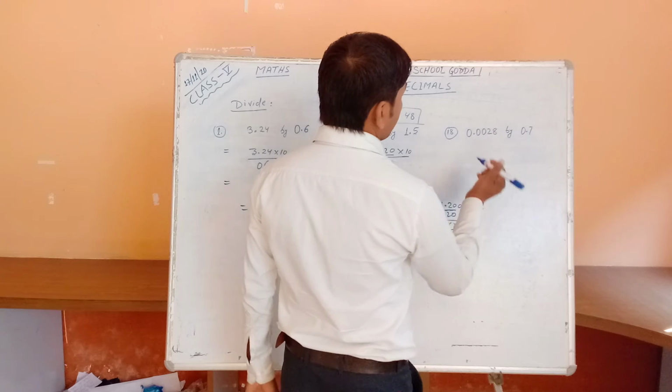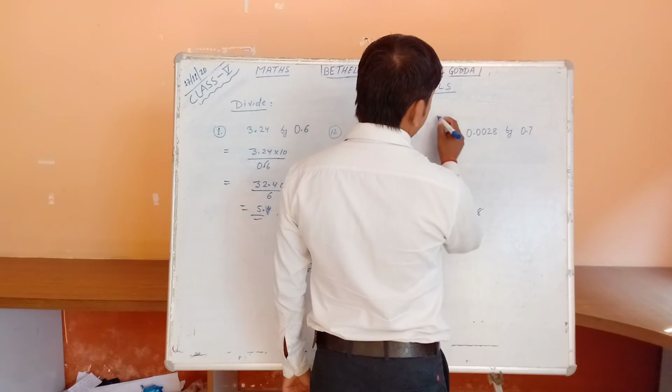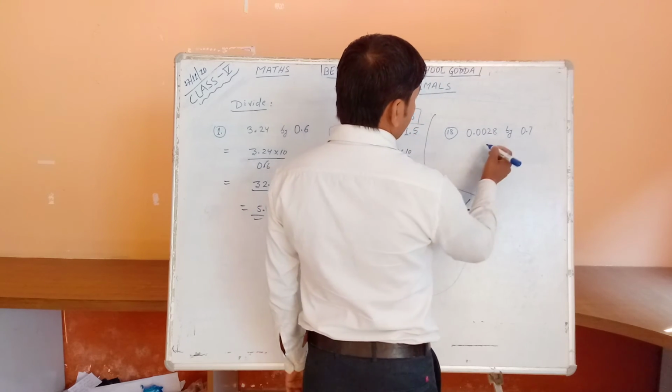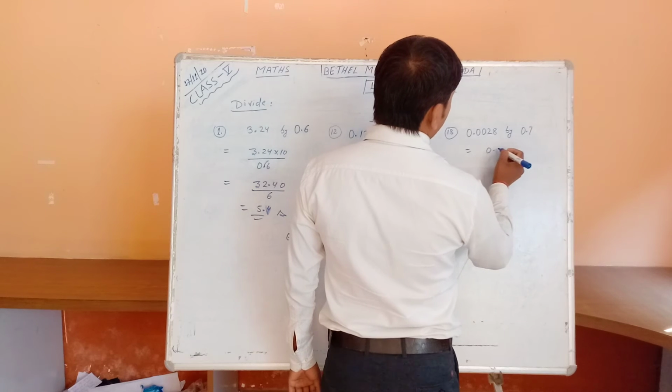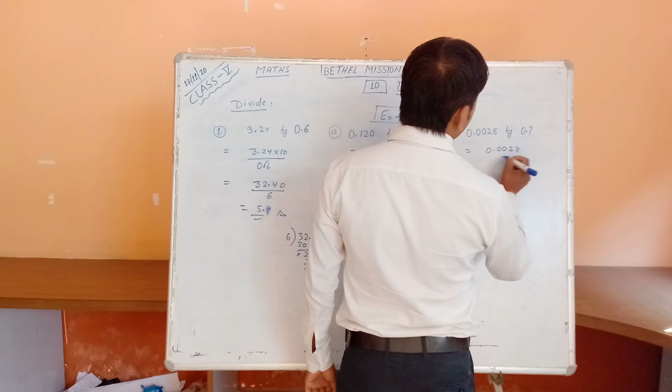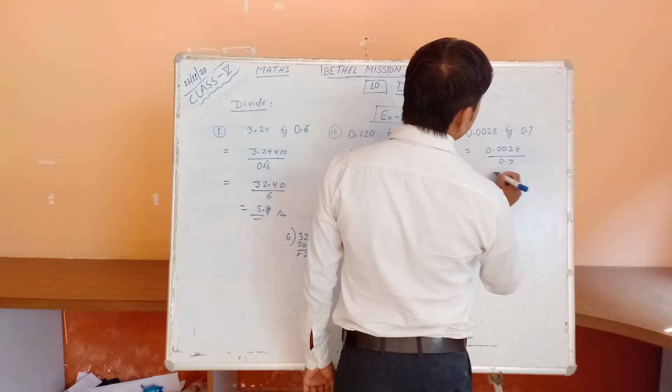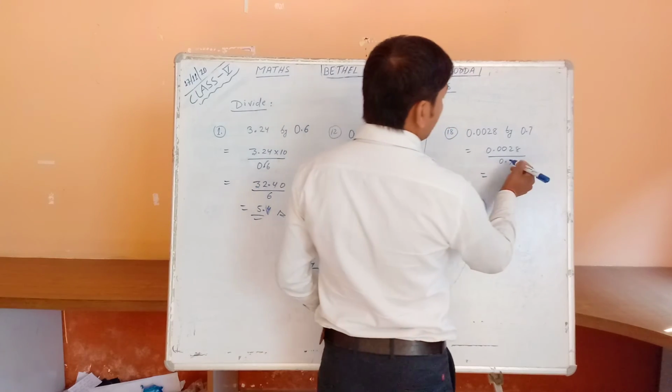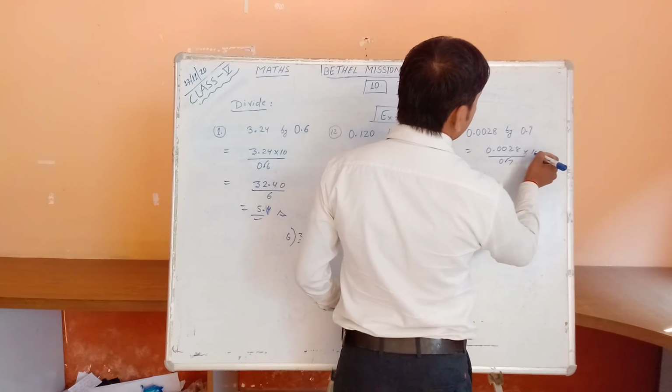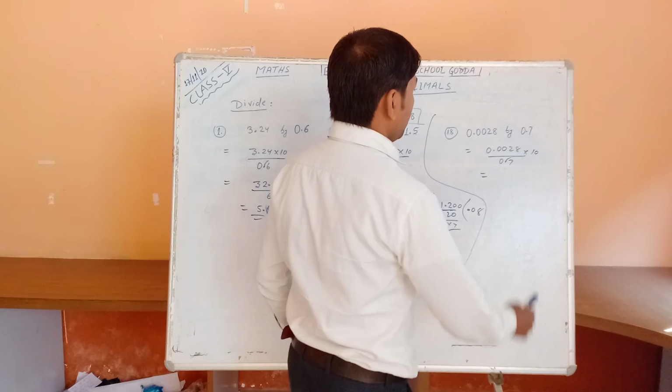Now the same here. Write it in p by q form first: 0.028 by 0.7. Remove the decimal of the denominator, multiply with 10.